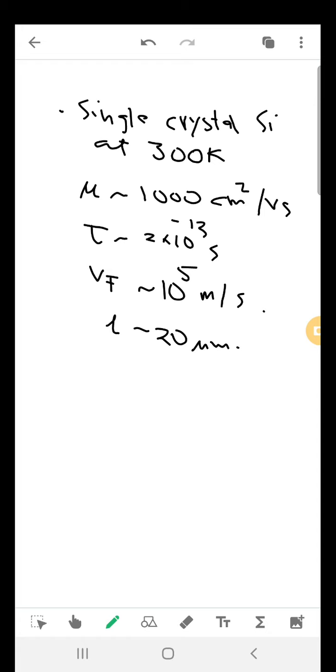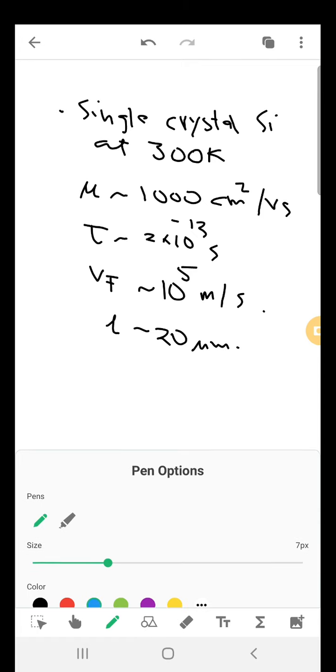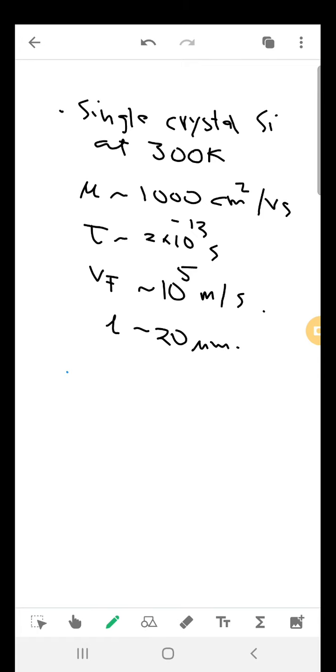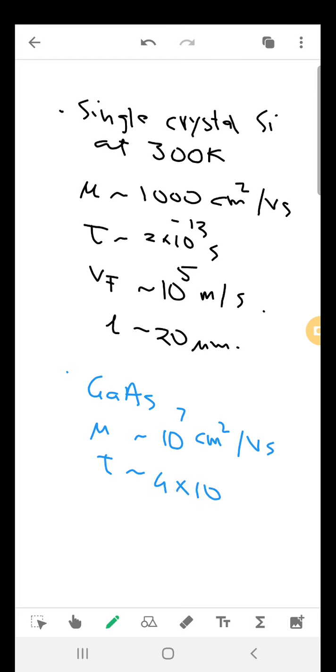Whereas in the case of gallium arsenide, the mu value at the same temperature is 10 to the power 7 centimeters square per volt second, and its scattering time is 10 to the power minus 10 seconds.